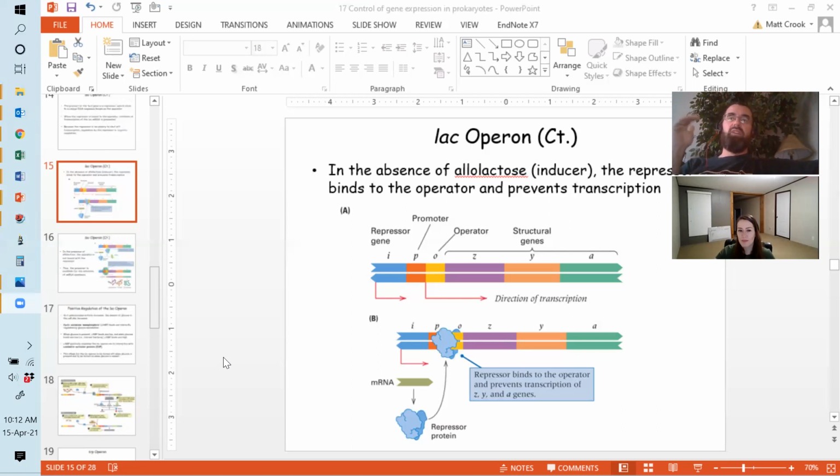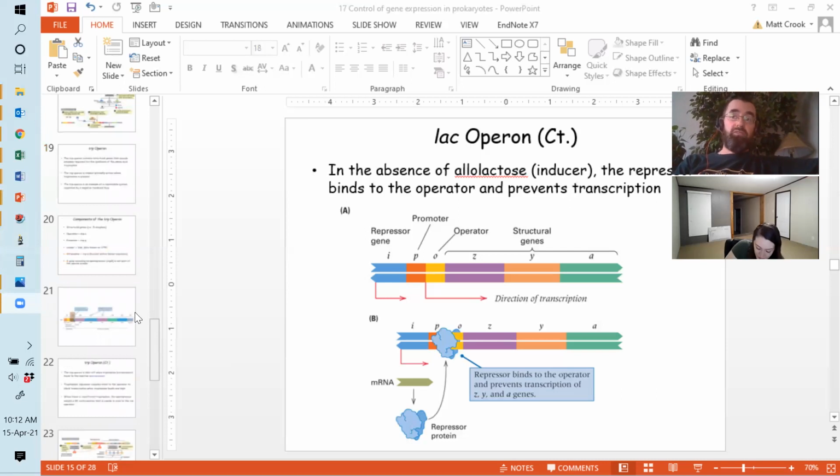So once levels of tryptophan get high enough, what are you going to be detecting to determine if tryptophan levels are high enough? Tryptophan, right? So tryptophan is the co-repressor for the trp operon.